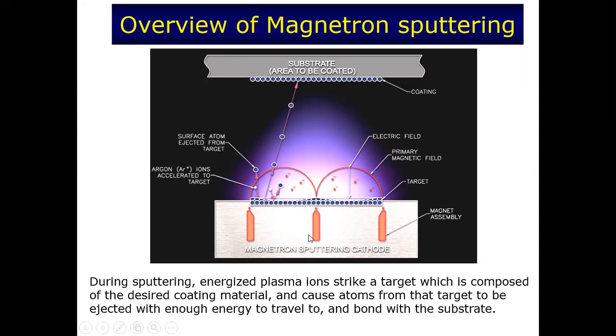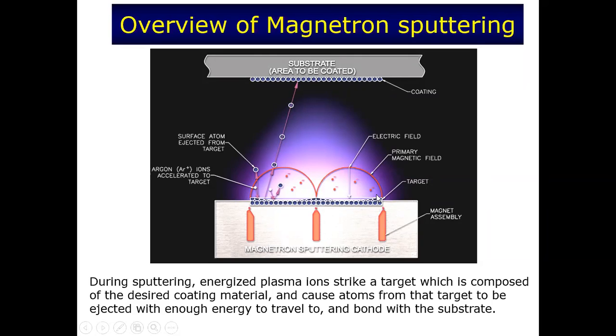trap electrons. And when you have a trapped electron as such in here, the electron will move along this magnetic field at a very, very high speed. As it moves along this magnetic field, it will collide with the process gas in here. The process gas, as I mentioned just now, is usually an inert gas, usually argon.